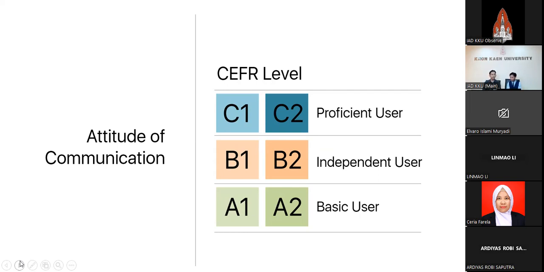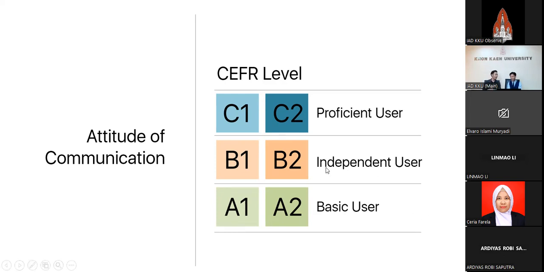For example, you go to the traditional market and you use B1, B2, C1, or C2. To have a global mindset, we need to have some attitude for communicating with other people. So we use A1 or A2 and so on.